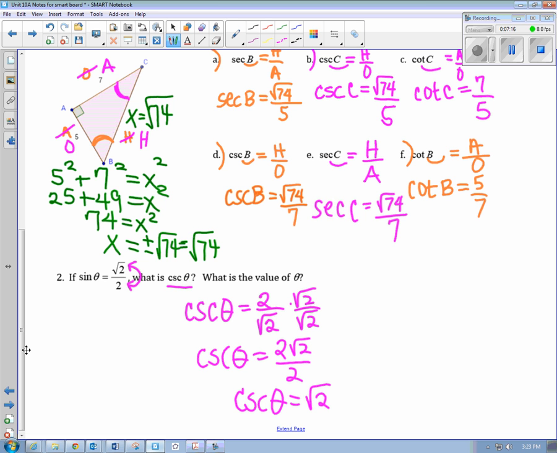It does also ask me what the value is of theta. So in this case, if I'm solving for theta, I want to do inverse cosecant of radical 2.